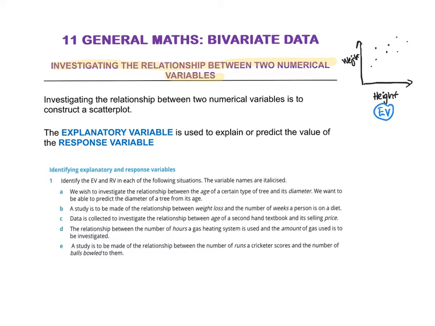In your science, and it used to be called this in maths, but they've changed it, I don't know why, you'll know that as the independent variable, yeah? And then over here on the y-axis is the response variable, which you guys know as the dependent variable. But in maths, we're going to be using response variable and explanatory variable.